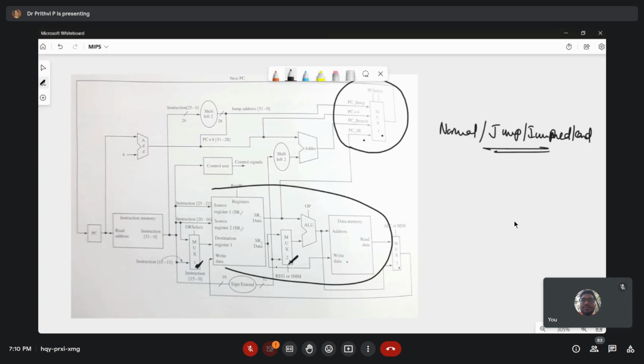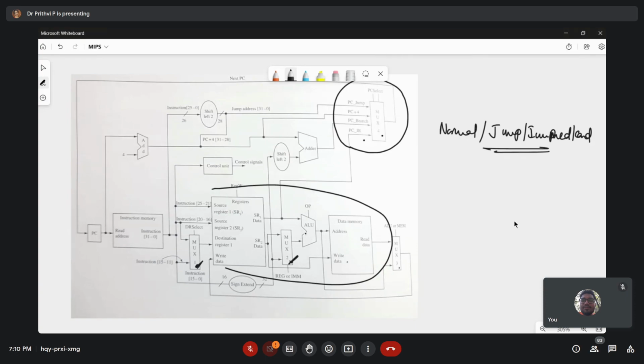So this is something like in your R format of instruction or in your I format of instruction, the immediate address or the offset address has to be selected, and that will be given to your ALU for its next iteration or next address evaluation.